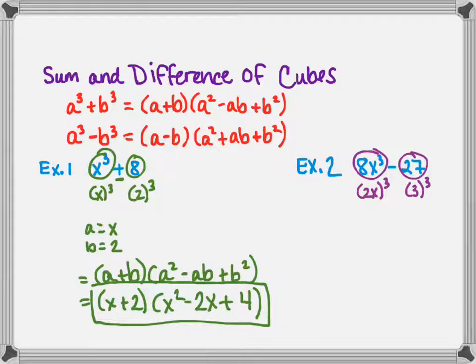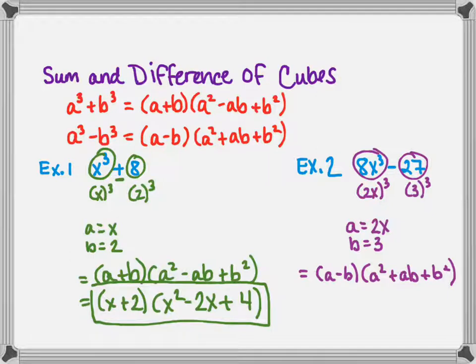Now I'm not looking at the minus as being part of the 27 here. So I don't need to have negative 3 quantity cubed. We're just going to look at the number part. So here our a is 2x, our b is 3. We are using the second formula this time, a minus b times a squared plus ab plus b squared.